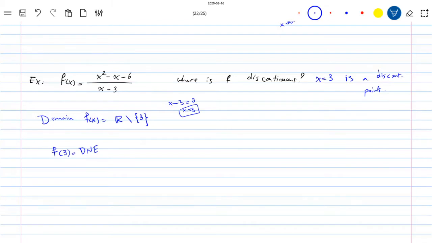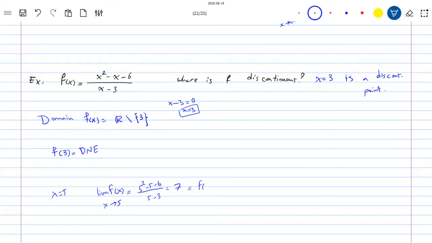Any other point that you pick, let's say x equal to 5, if you calculate the limit of the function as x approaches 5, what you get is exactly replacing 5 into the equation: 5 squared minus 5 minus 6, divided by 5 minus 3. 20 minus 6 is 14, divided by 2, you'll get 7.